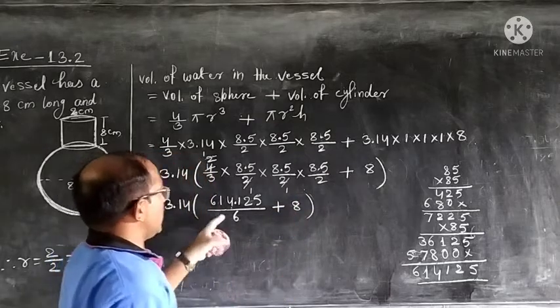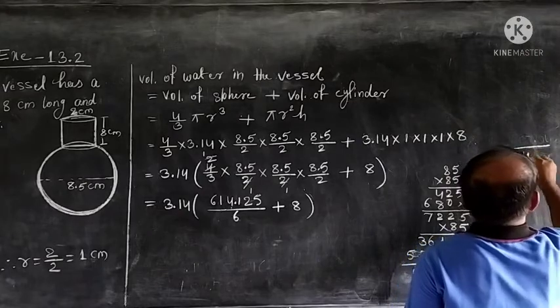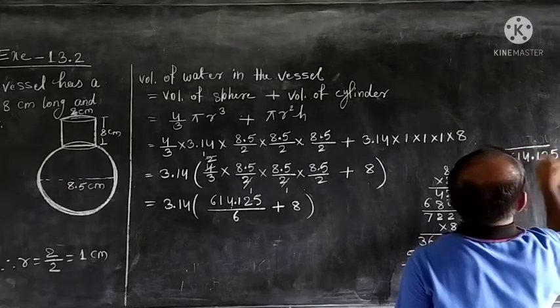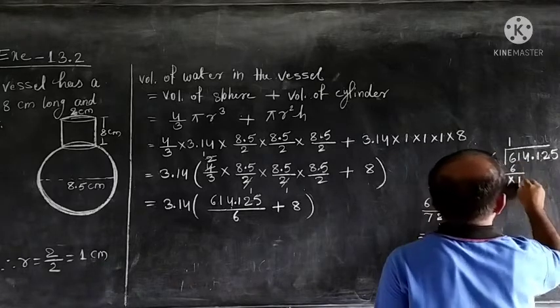So, we will divide now 614.125 by 6. 6 ones are 6, cancel, 1 we brought here cannot divide.